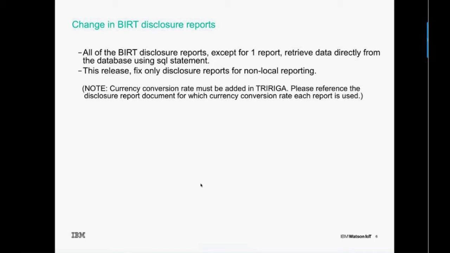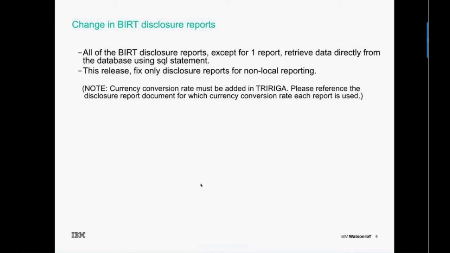Just to note that the currency conversion rate must be added in the TRIRIGA system if you want to use the currency parameter on the BIRT reports for the user to pick. So if you want to use that feature, let's say your lease records have multiple currencies, like 5 of them might be in Japanese yen, another 5 would be in Indian rupees.